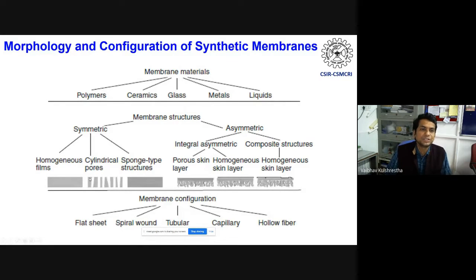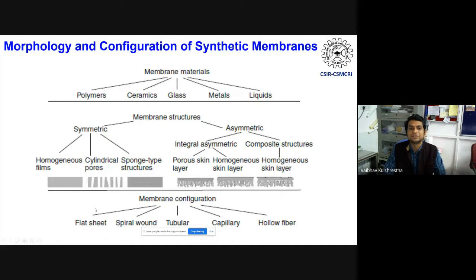Symmetric means a homogeneous type of membrane, which may be a dense membrane, a sponge type membrane, or a porous membrane with cylindrical pores, which can be generated by ion irradiation and subsequent etching. Asymmetric membranes are different, and there are different asymmetric membranes available in the market. On a porous structure, we cast a porous skin layer or a homogeneous skin layer, a TFC type membrane, thin film composite type membrane.